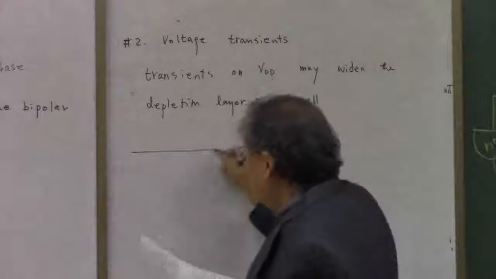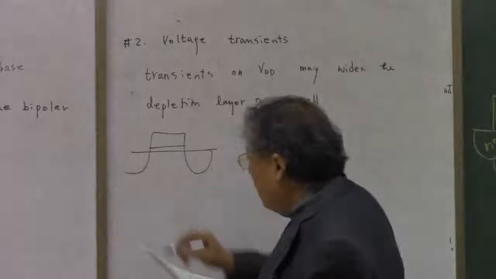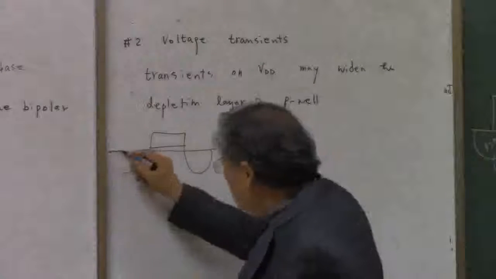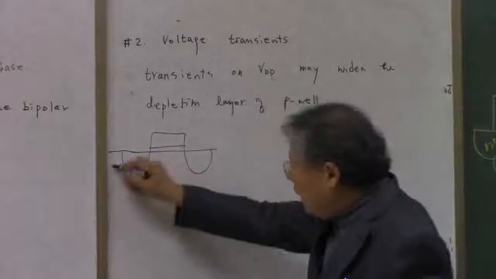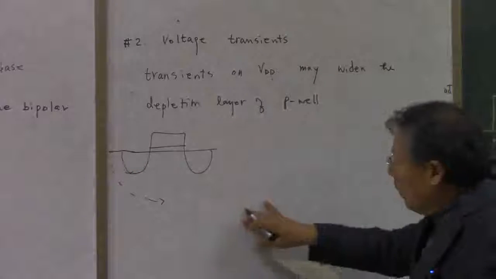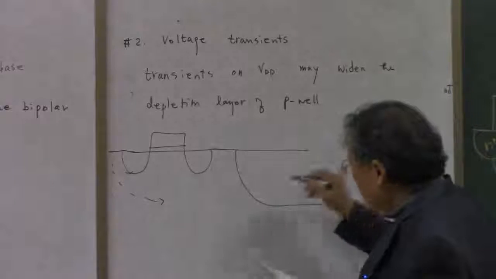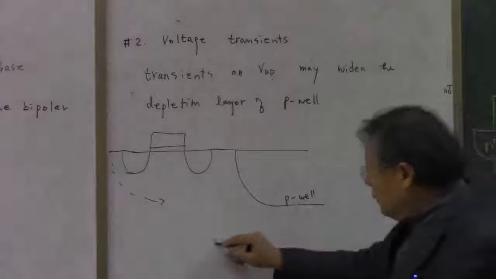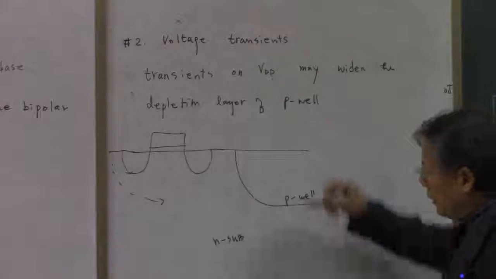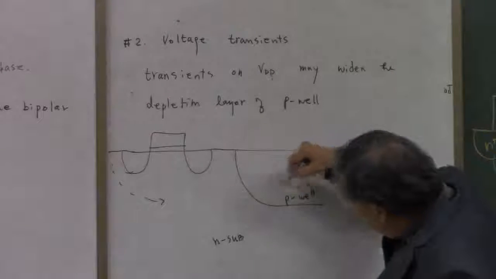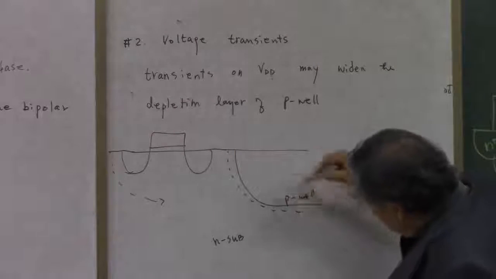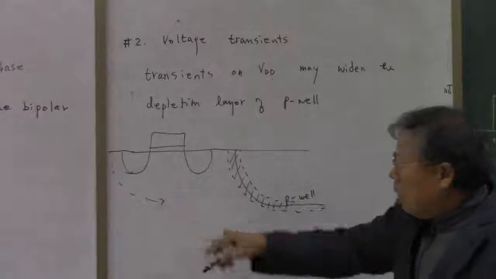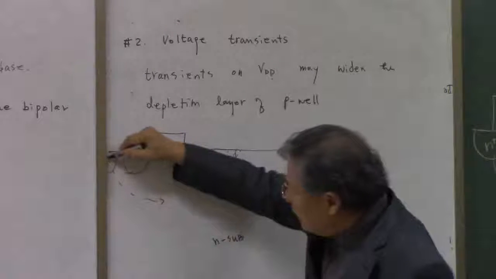In other words, if you have a transient on these VDD lines, then this electric field is going to contact with the P-well here and the substrate, so that in this P-well, the space charge regions can be modulated by these voltages coming from this N plus VDD.